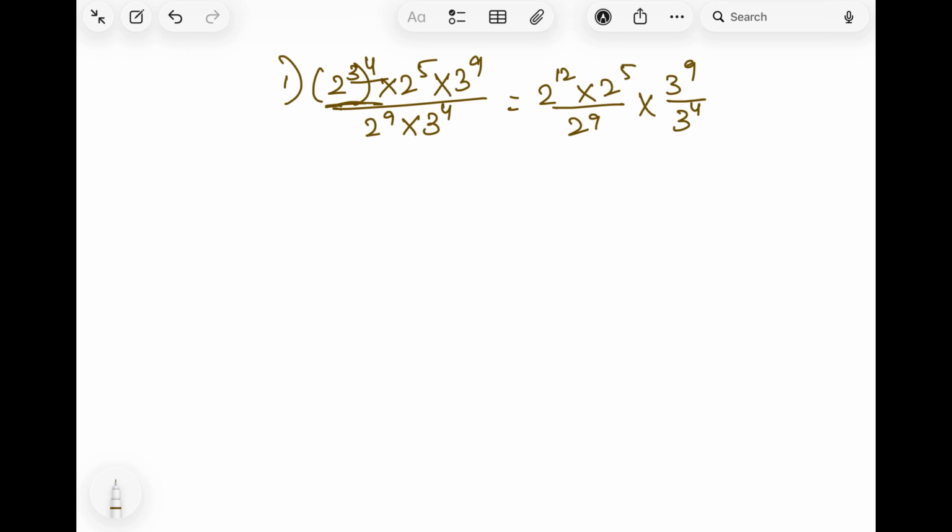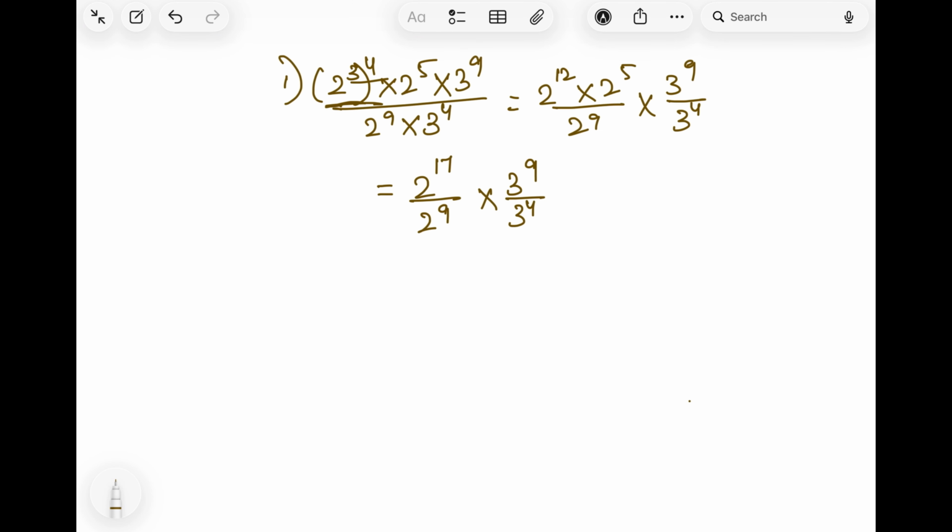Nothing else. Everything remains the same, I am just grouping them according to the way I want to solve. Now in the numerator there is multiplication and the base is also the same. So what do we do with the powers? We simply add the powers, and the denominator will be as it is, and here also 3 raised to 9 upon 3 raised to 4.